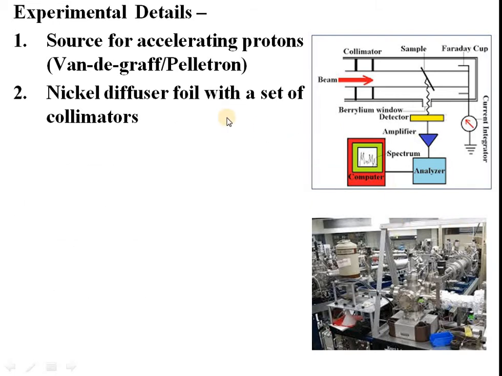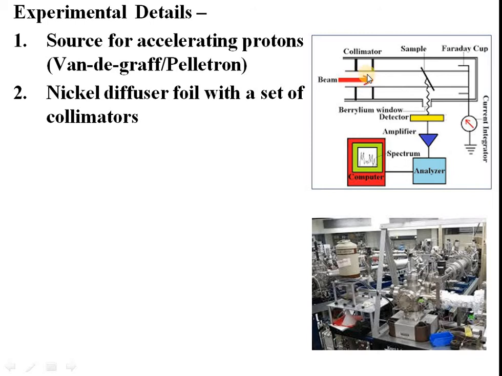And you have a nickel diffuser with a set of collimators. The purpose of the diffuser is to make the cross-sectional profile of the beam uniform, because the incoming proton beam will have a non-homogeneous profile.